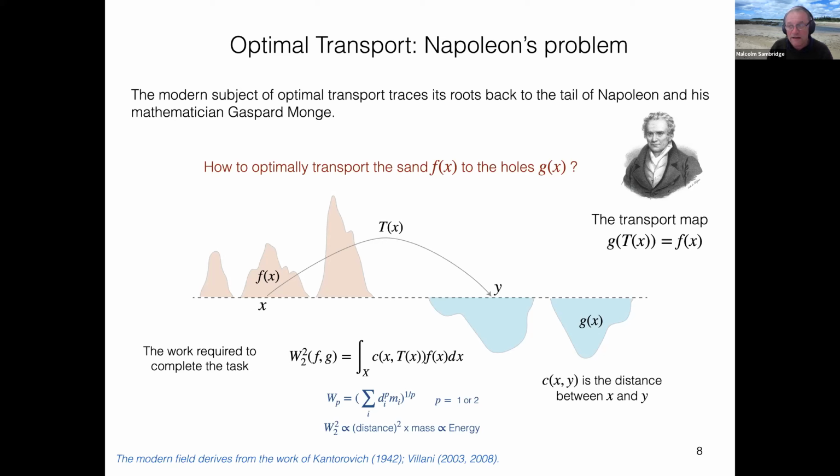And the work required, if you look at the physics of this problem, it turns out energy is proportional to distance squared times mass. So the mass is the volume of sand, and the distance squared could just be the Euclidean distance, the straightforward distance between X and Y. Simple X minus Y all squared.